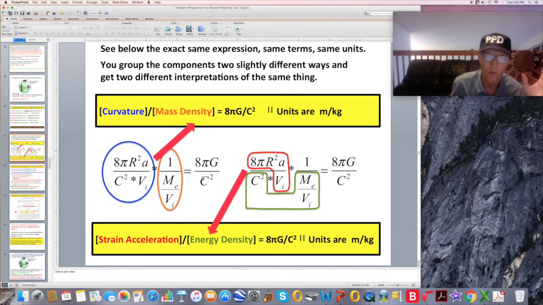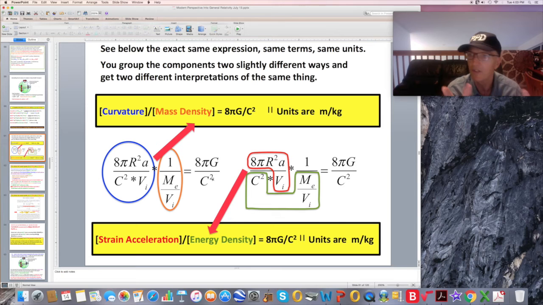So now, this says inside the blue circle there is curvature, and inside the yellow oval is 1 over the mass density. So we have the curvature divided by the mass density, and the left-hand side of that expression is equal to 8 pi g over c squared.